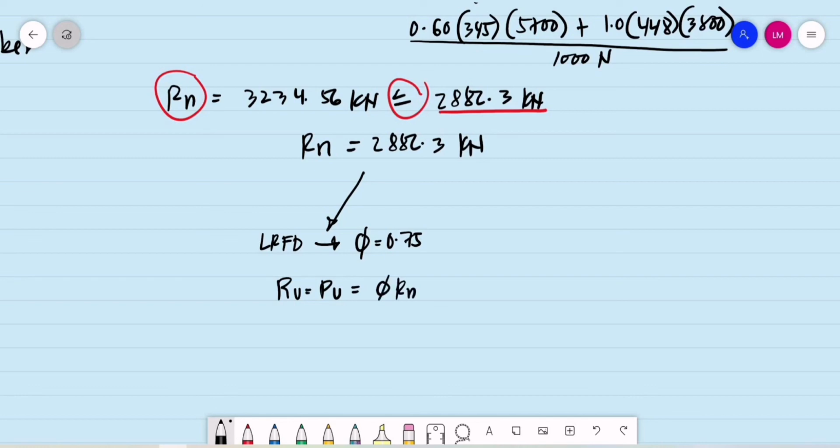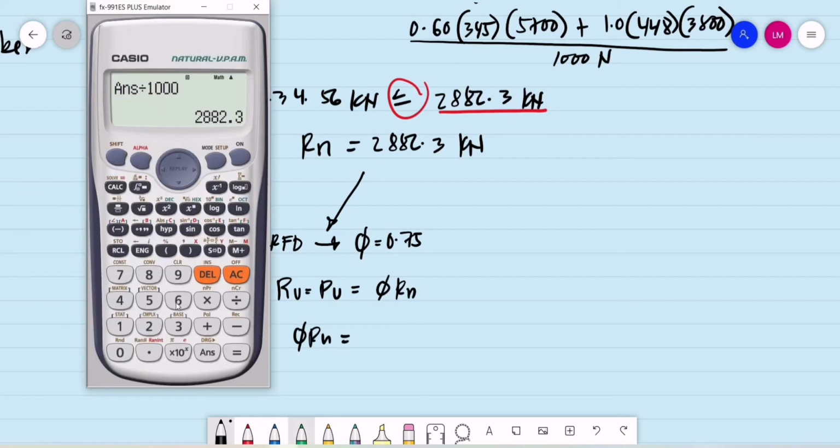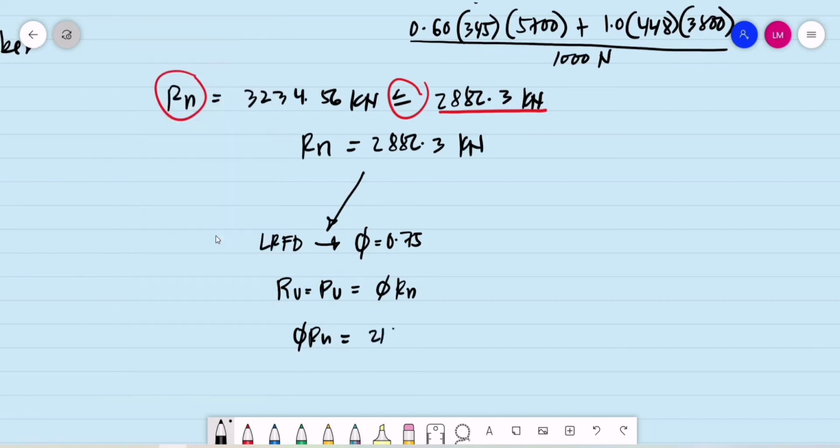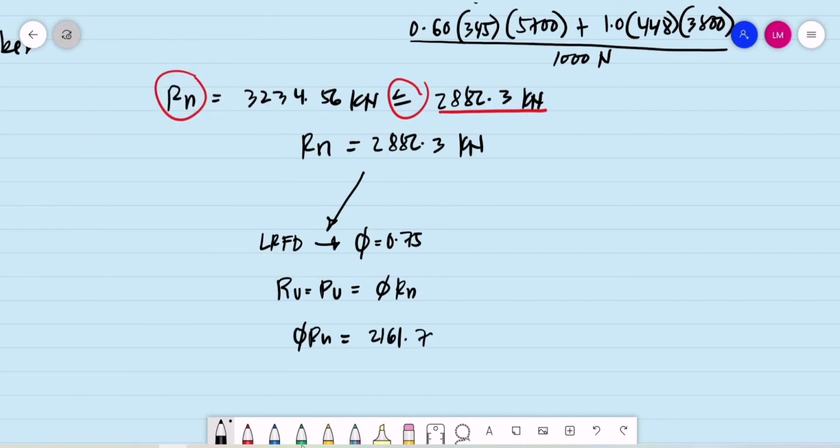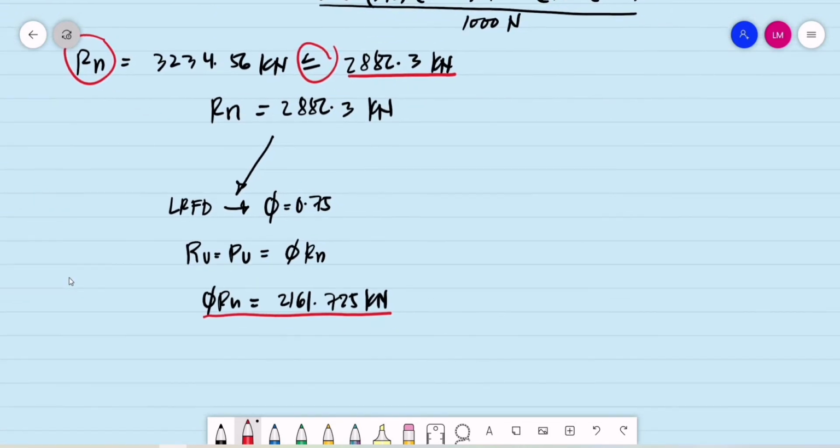So we have phi Rn is equal to 0.75 of 2,882.3. So we have that as 2,161.725 kilonewtons. So this value will be under LRFD as the rupture strength for block shear.